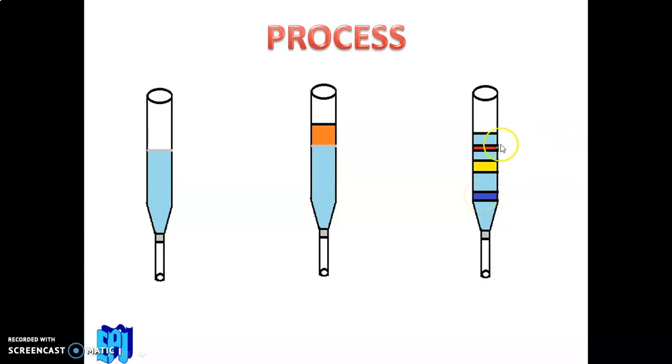This component is highly adsorbed to the solid surface, the second, yellow one is less adsorbed than this, and this component is the least adsorbed component. All these components are present in this mixture. By passing this mobile phase through it, the components get separated due to the difference in adsorption coefficient.